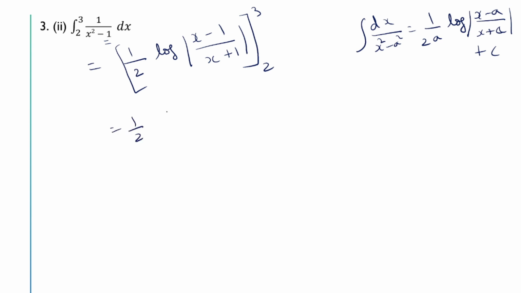So this is equal to half can be taken outside, substituting the upper limit, log 3 minus 1 is 2 by 3 plus 1 is 4, minus, substituting the lower limit 2, log 2 minus 1 is 1, 2 plus 1 is 3.